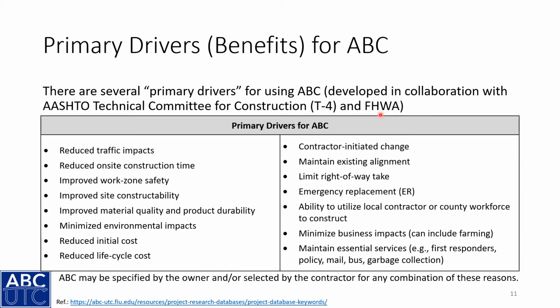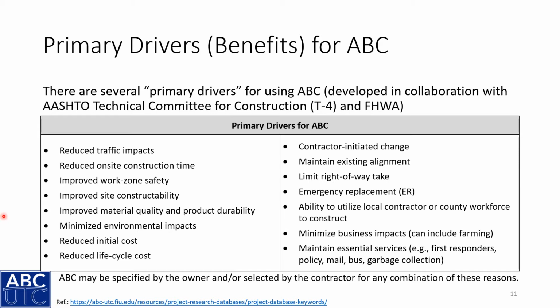So thank you to them for their help in developing these drivers and keywords and definitions. You can get a list of all the drivers and keywords by going to the project database keywords page, and I give you a link at the bottom of this slide.